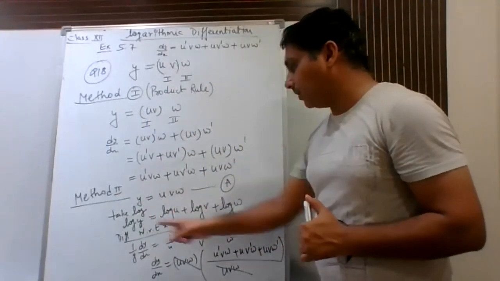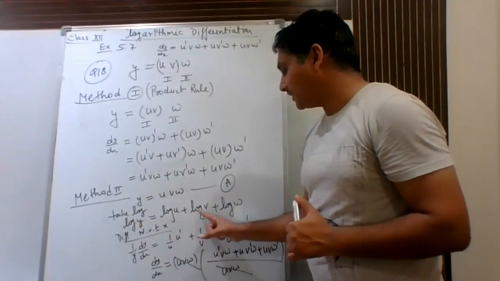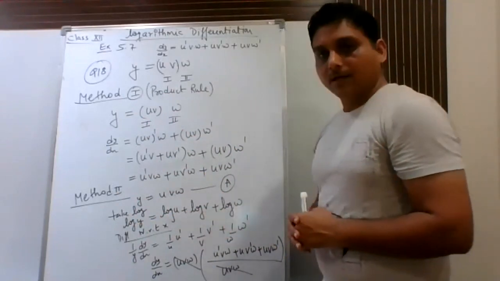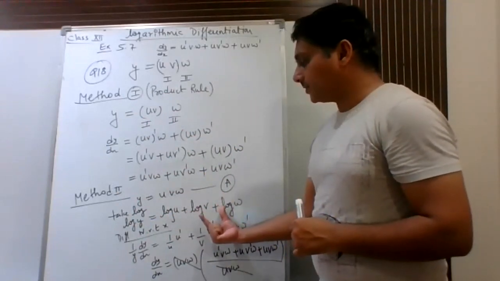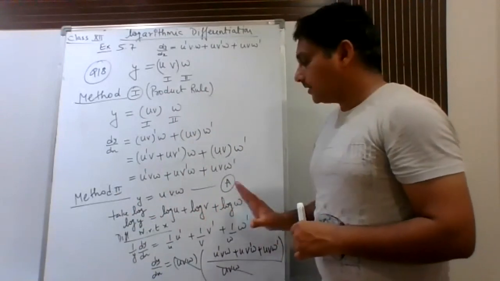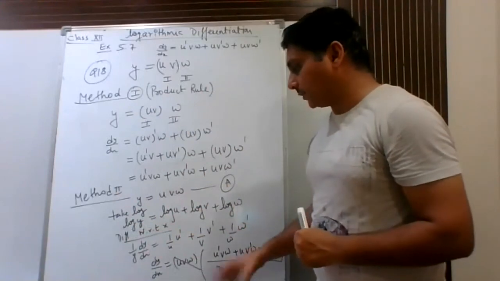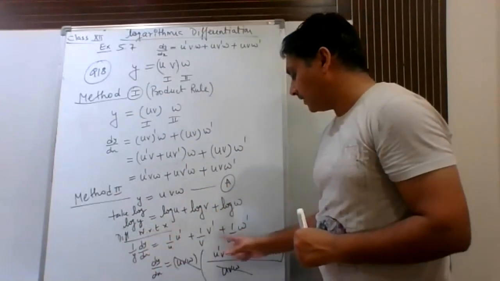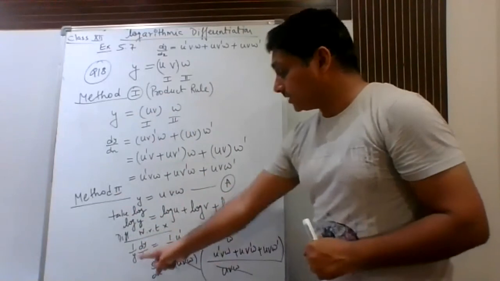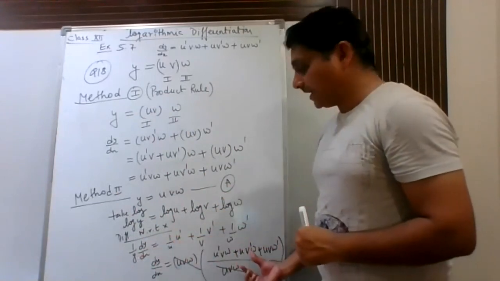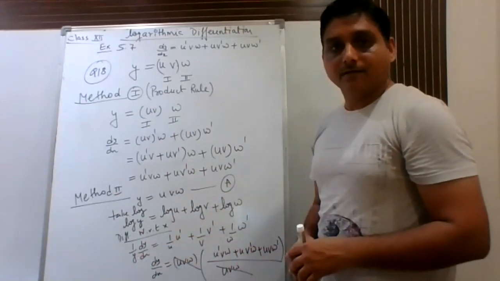When you take log, y can be written as log u plus log v plus log w. Right? This is an application of that property number 1. After that, differentiate both the sides with respect to x. When you differentiate both the sides, 1 upon y dy upon dx, cross multiply this, just take LCM and you will get the final answer.